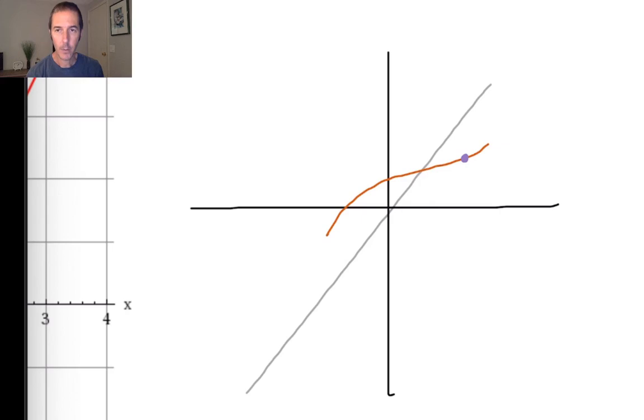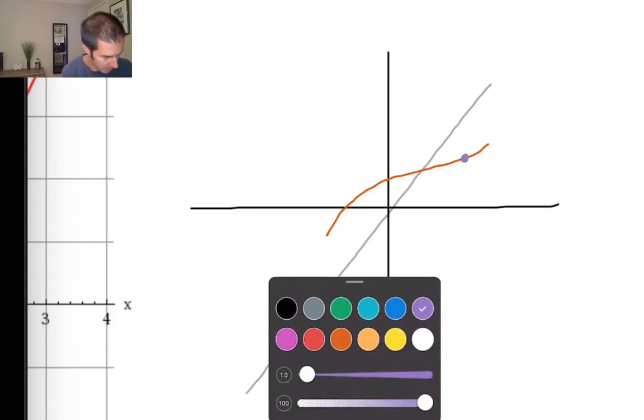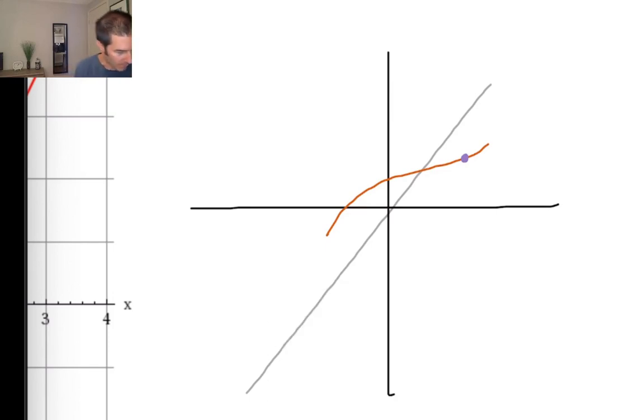So without putting any little markers on the axes, another way that you can think of what's happening visually, graphically, is that if I take this point that I've drawn here and I move, I need a different color. This should be pretty visible.